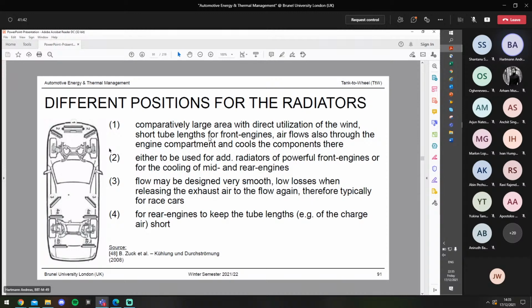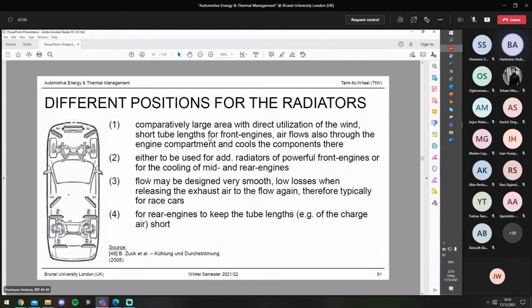Then it's also state of the art to place additional radiators, especially for powerful front engines, in the wheel housings of the front, to achieve an additional cooling there.